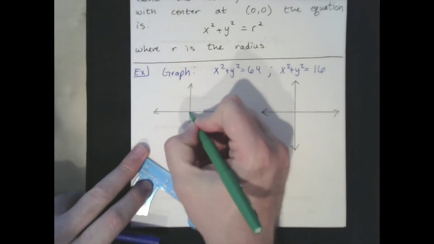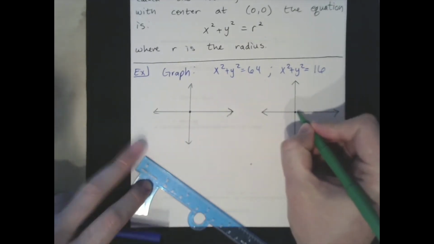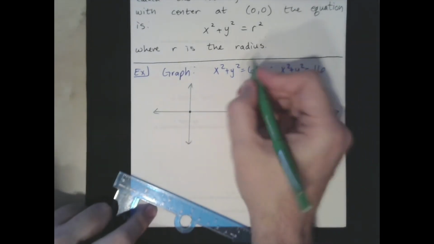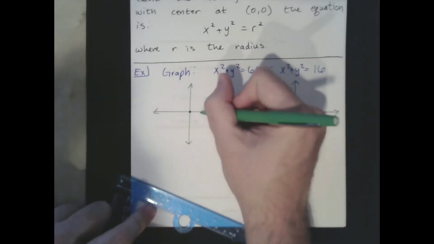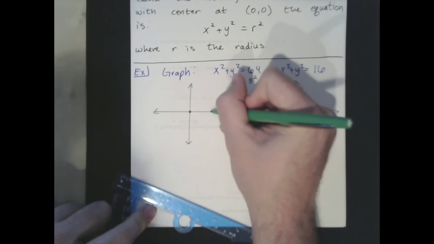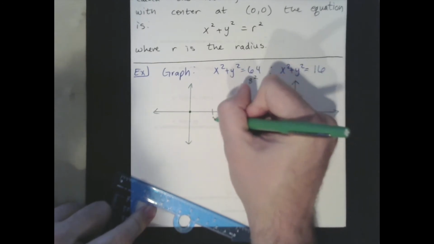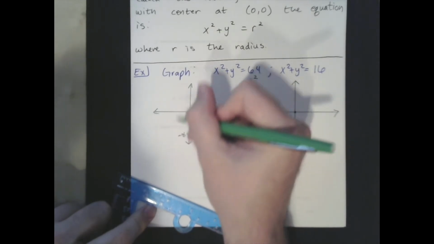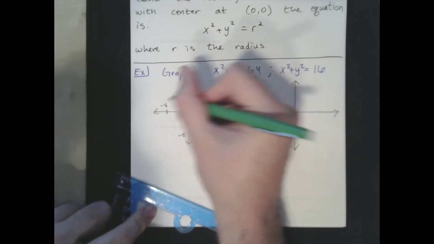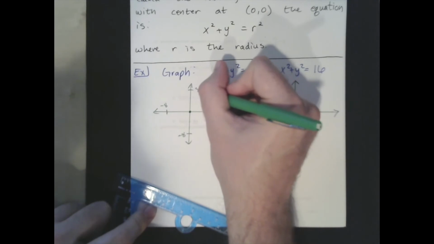So both of our circles are centered at 0, 0. The first one, 64, is 8 squared, so it has a radius of 8. So I need to go out to 8, negative 8, negative 8, and up to 8.